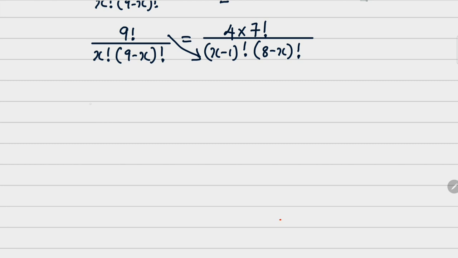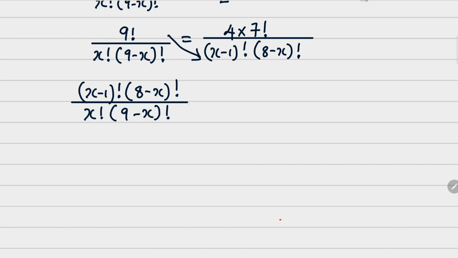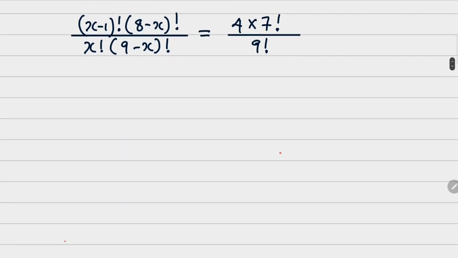Now exchanging it, I'm going to have x minus 1 factorial times 8 minus x factorial all over x factorial times 9 minus x factorial, equals 4 times 7 factorial all over 9 factorial. So I've gotten this expression, so I've simplified it to this expression.